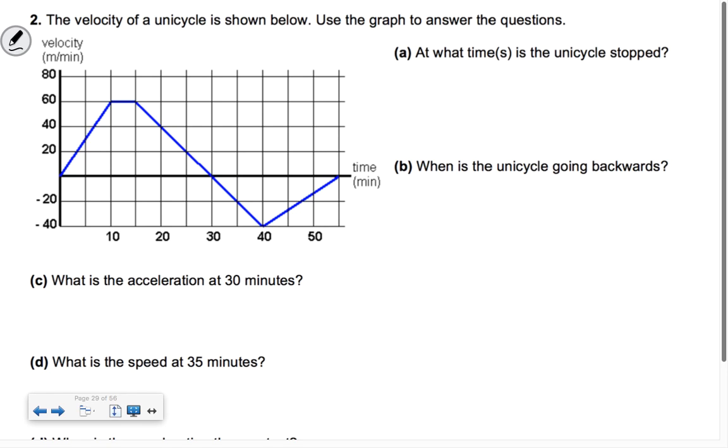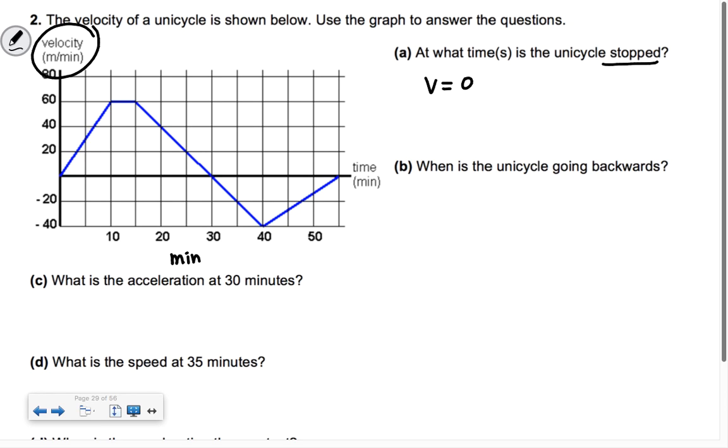You will have at least one graphing question as a free response question. So it says, use the graph to answer the question. So at what time t is the unicycle stopped? If you are stopped, notice we have velocity, and this is in minutes, time. So our velocity has to equal 0 if we're going to be stopped, right?